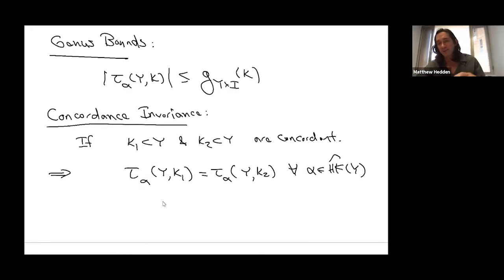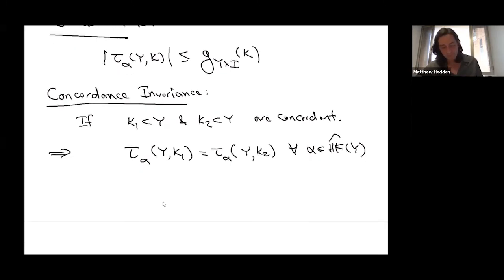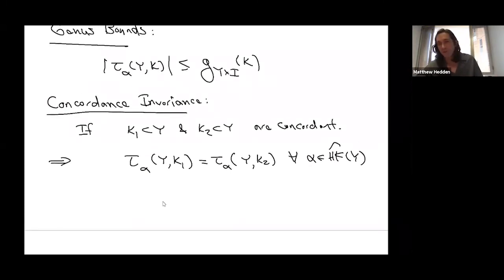So you should expect these to be stronger than any other genus bounds that I would get. Put differently, the more topology that a four manifold has, the more likely you are to slice a given knot.